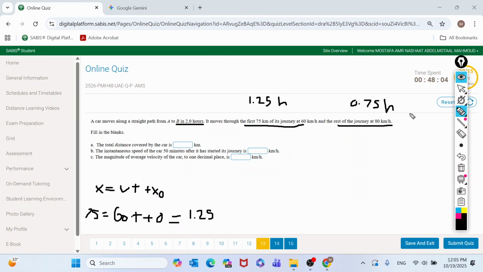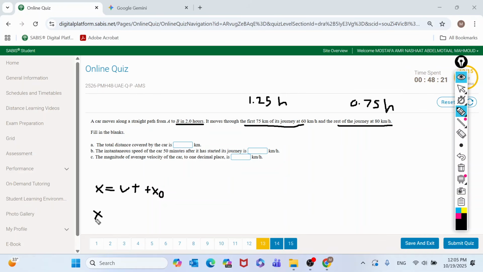So how do you find the distance covered in the second part? Let me write the formula. It's the same formula, but this time the missing is x.